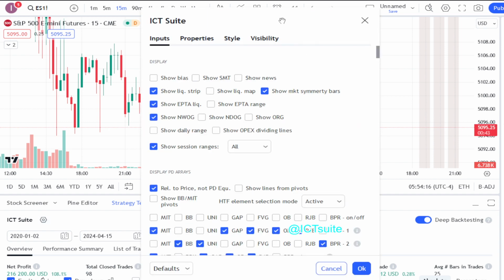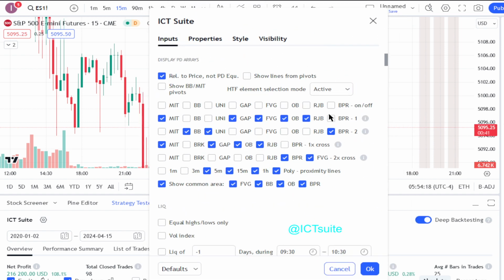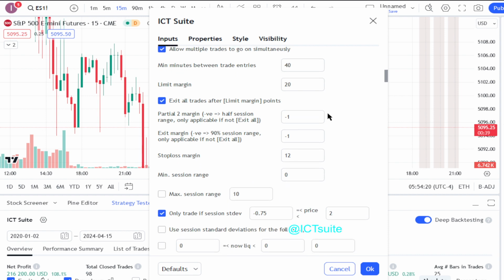So it looks like the optimal stop loss for this entry was somewhere between the lowest, 6 points, which gave 63%, in money 7, stop loss of 7 gave 222,000 and 68%.